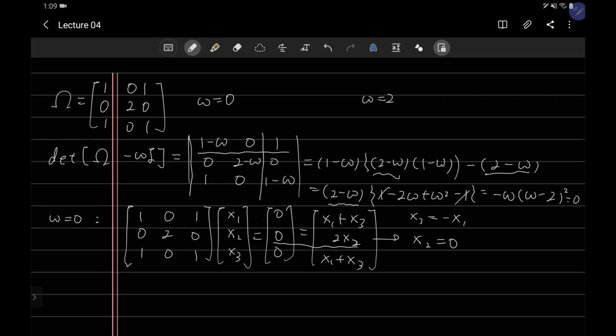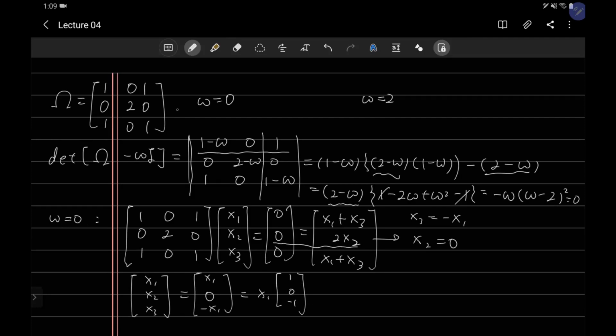So based on this result, we can conclude that x1, x2, x3 can be simplified. x1 does not have a restriction, x2 should be 0, and x3 should be minus x1, which means, oh, sorry, x1 times 1, 0, minus 1. So this is the first eigenvector corresponding to omega equals 0.